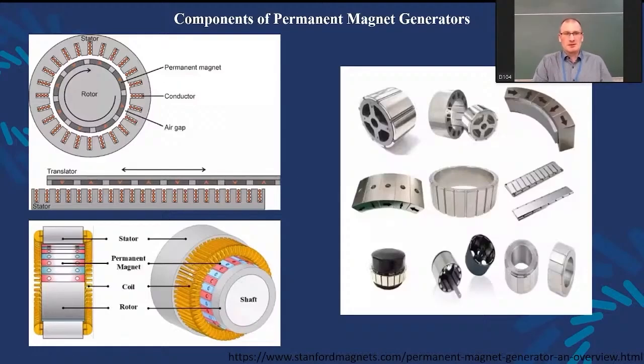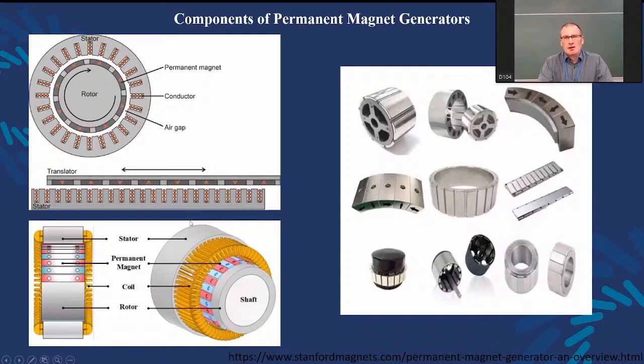Permanent magnets are very usual and useful things in our life, and we try to make some kind of versions of them. Permanent magnet generators normally have a stator and rotor. The rotor rotates, we have conductors, magnets and coils generating electricity, but it's one of the standard ways.